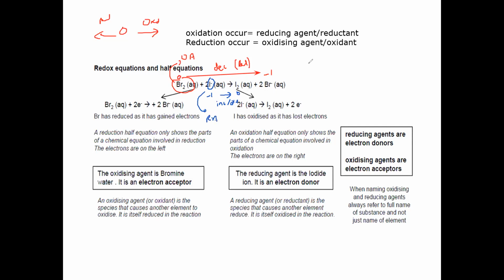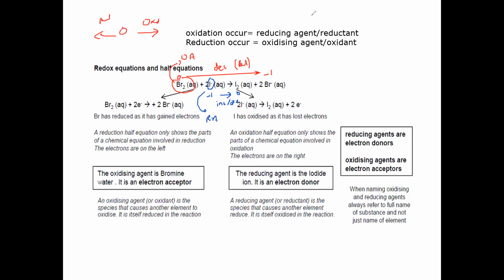So the definition of oxidation is the same as reducing agent, and the definition of reduction is the same as oxidizing agent or oxidant. Is this change clear? From the equation, you should be able to identify the oxidizing agent and the reducing agent.